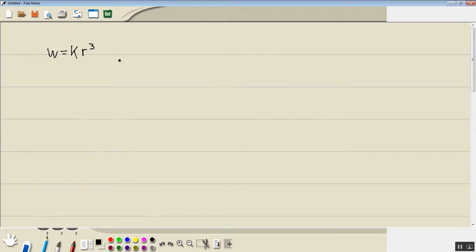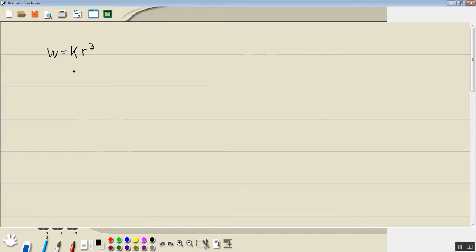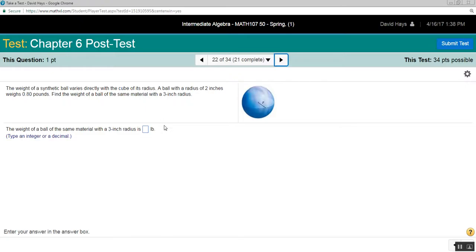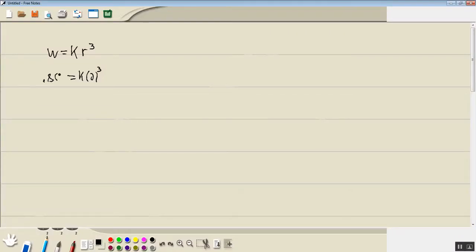So R to the 3rd power. A ball with a radius of 2 inches, the cube of its radius. It doesn't say what measure, so R is 2. This is our one example. Weighs 0.80 pounds. So this is 0.80.